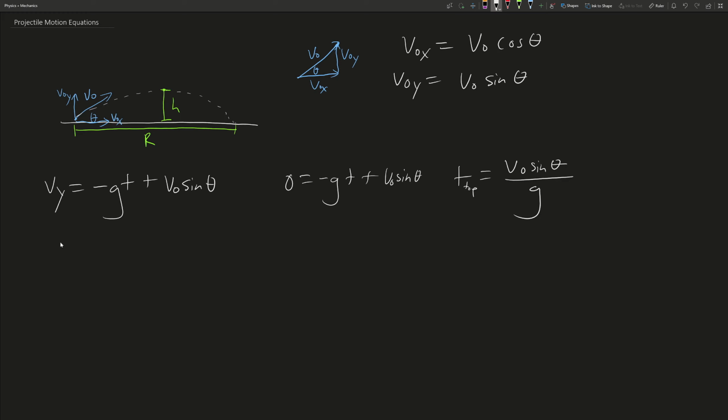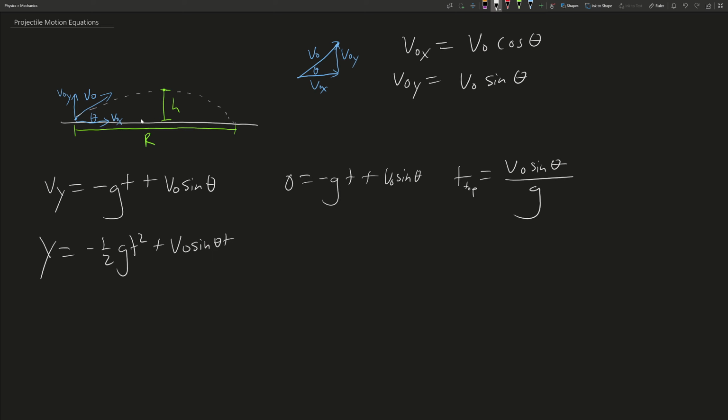Now, if you look at the equation for the y position of a projectile, you see that y is equal to negative 1/2 gt squared plus v0 sine theta t. Notice that this is a parabola, and it's going to be symmetric about its vertex. Now, the vertex is going to be the highest height.